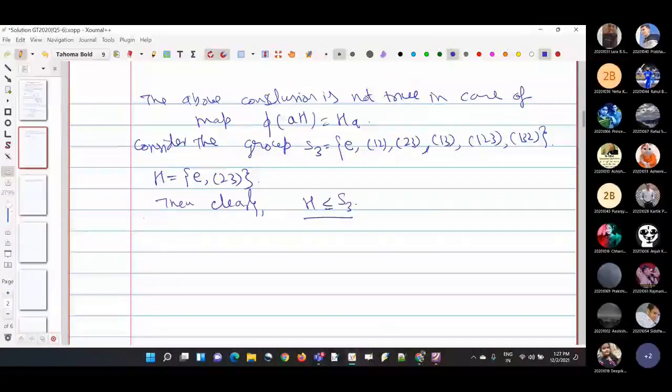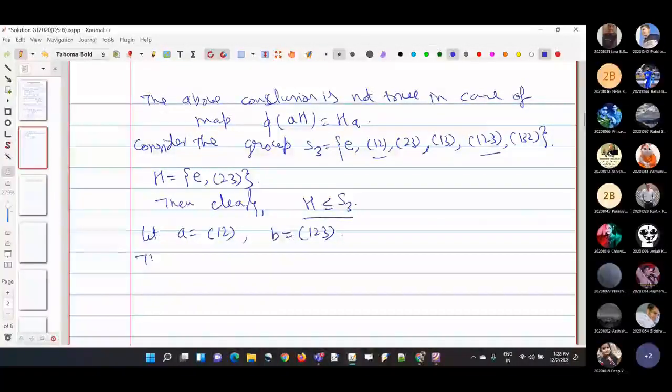Fine. So let us take elements. Let us take A equals (1 2) and B equals (1 2 3). You can take others also, but we need to give a counter example, so suitability needs to be checked.